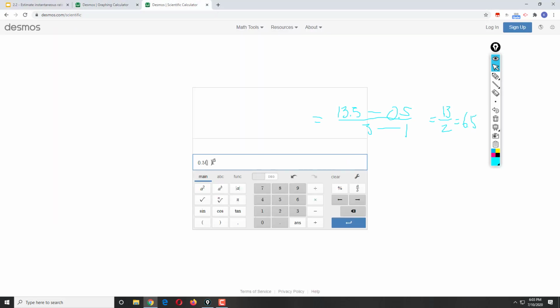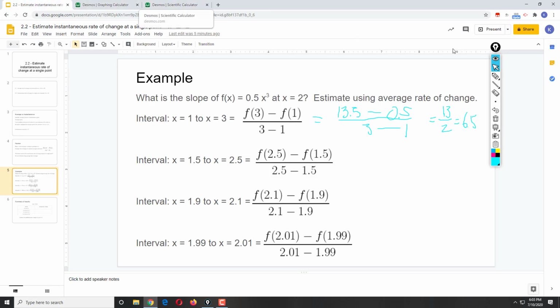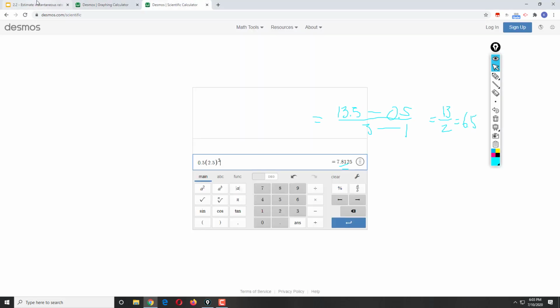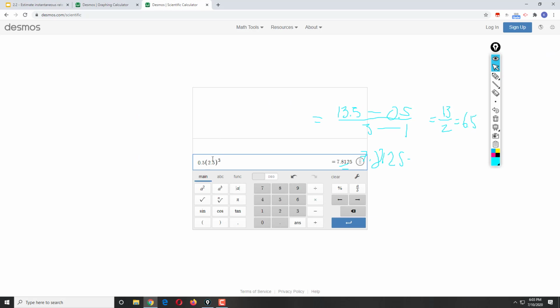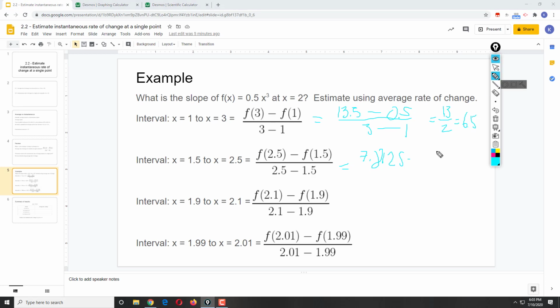So go back to our scientific calculator. When x is 2.5, f of x is 7.8125. And when x is 1.5, let's plug it in. f of 1.5 is 1.6875.